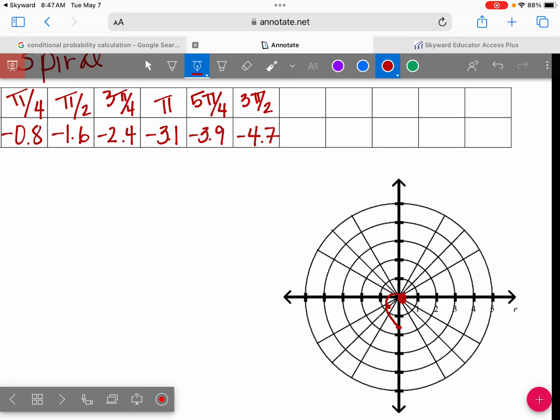All right, and then we have 3 pi over 4. 3 pi over 4 is right here, but it's negative 2.4. So I'm going to go backwards, 1, 2. So right in between that second and third ring, we're going to put a point.